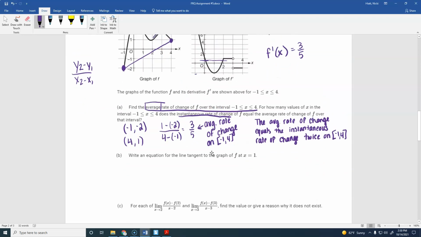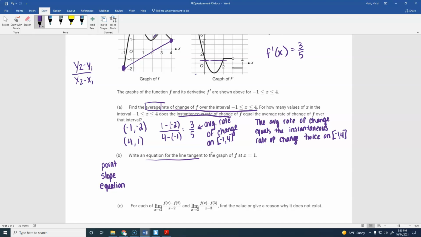Alright. For B, this asks for the equation of the tangent line, or line tangent. You don't have to write much more, but there are 3 things you need to tell me for a tangent line. You need to tell me the point, the slope, and the equation.